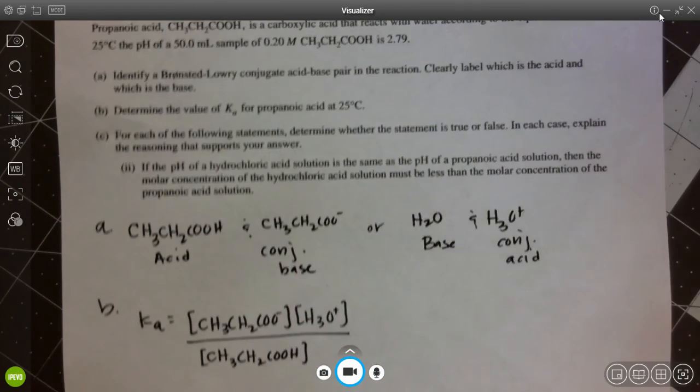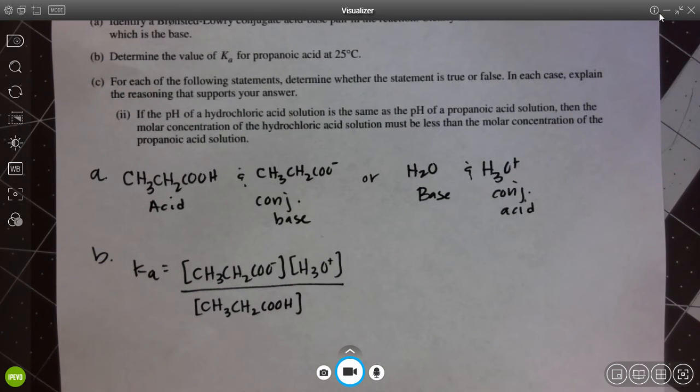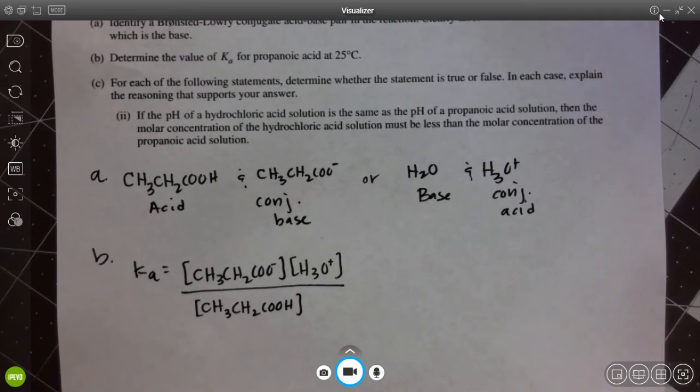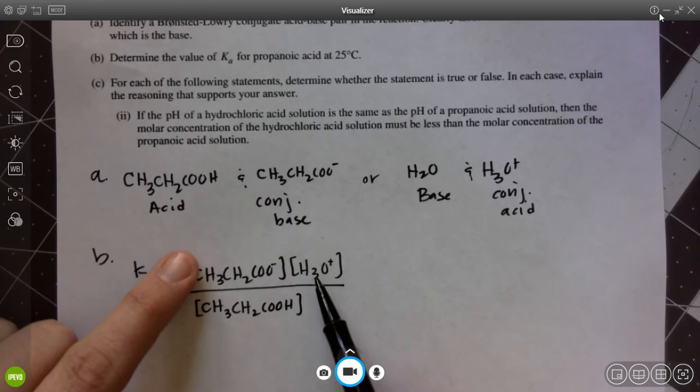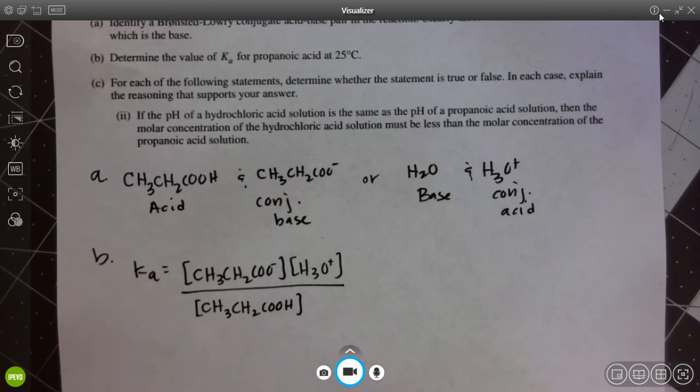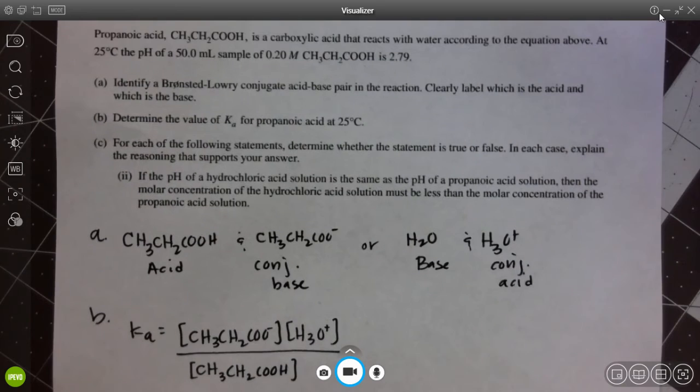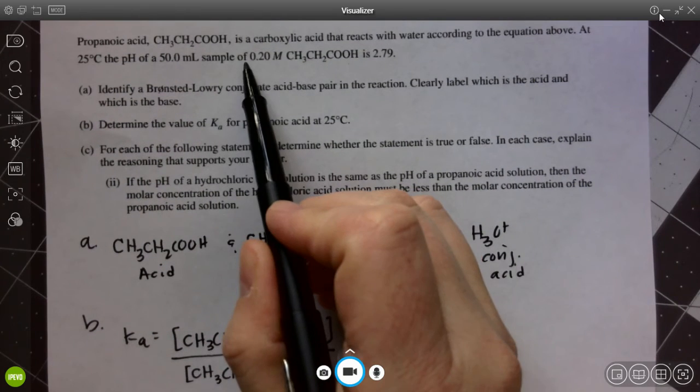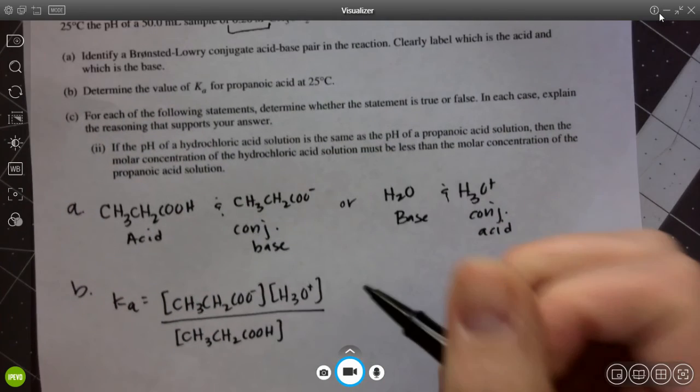You might ask why they write such a long chemical formula here. But when they ask you to find a K value, the first thing you always want to do is write that expression, because it gives you a hint as to what kind of information you need. So I need all of this stuff here. If I read carefully at the start of the prompt, it tells me the initial concentration is 0.2.